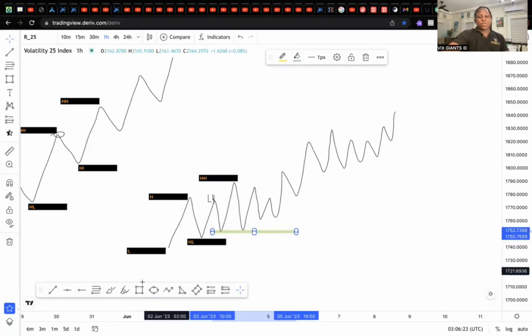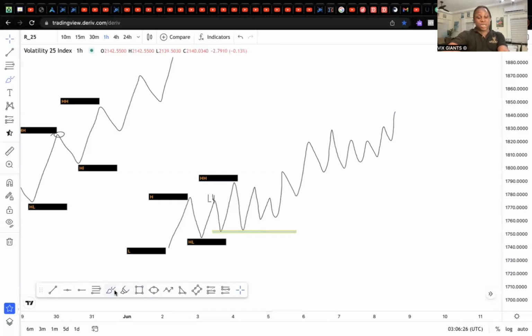So that is a double bottom rejection. Previously, we created a higher low point right here. The market came back, tapped into the same area, we respected the area and pushed up. So this point would have been an equal low, because we basically rejected the same low point.